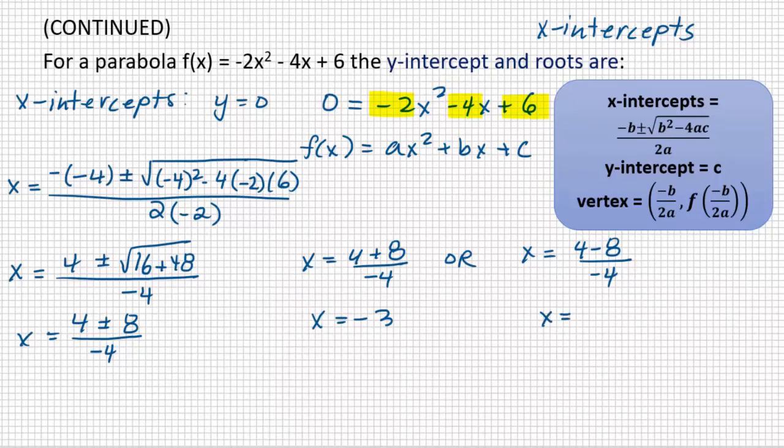So negative 4 divided by negative 4 is positive 1. What does it mean that x is equal to negative 3 or x is equal to 1? Well, those are the roots, and we found them by setting y equal to 0. So we found the x-intercepts, and they are the coordinate points negative 3, 0, and 1, 0.